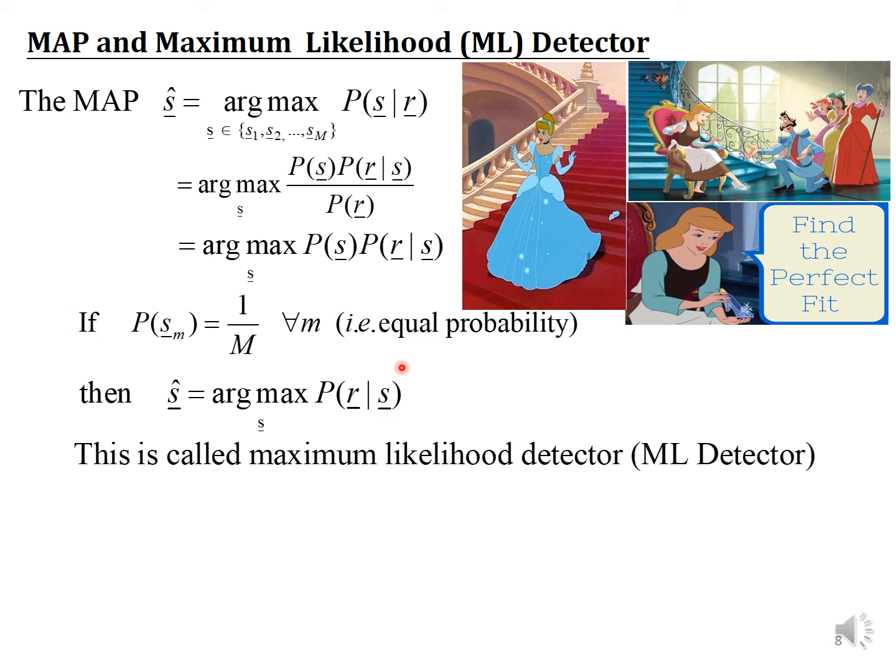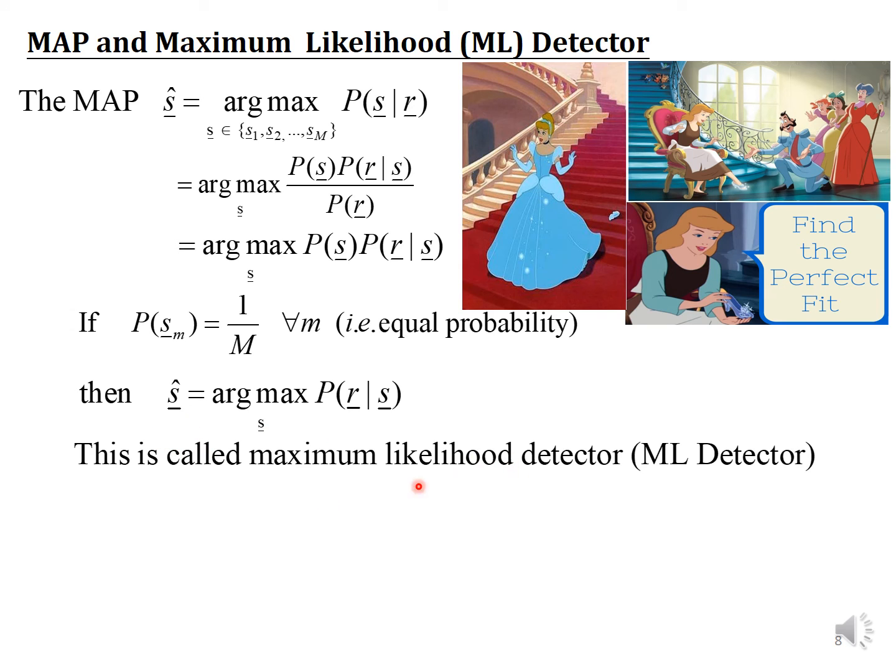How to find this conditional probability is a different story. Given the channel, given the signal model and the probability model, what type of modulation, what type of channel, what type of noise, the Gaussian, then we can find this conditional probability. Then with this conditional probability, we can do this argmax and define the optimum detection.